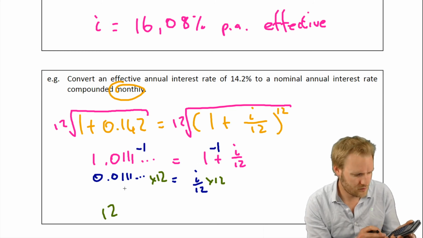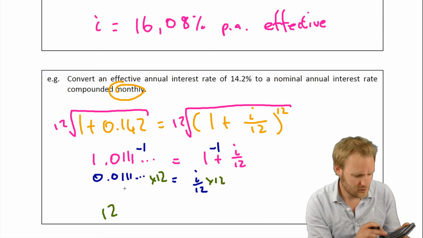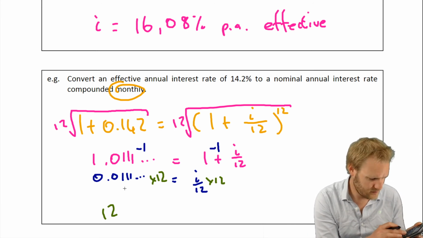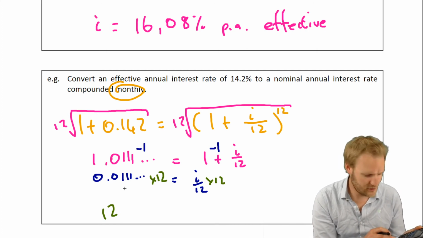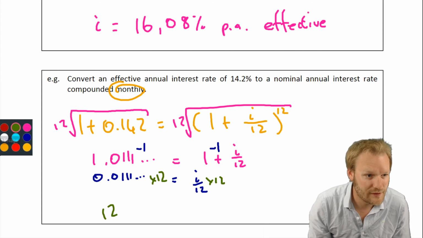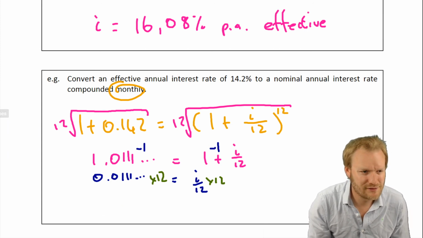1.142, the 12th root gives 1.0111. We're going to subtract 1 from each side. Yeah, that gives us 0.0111. Then we're going to times that by 12, and we get 13. That's annoying. Anyway, leave these in.